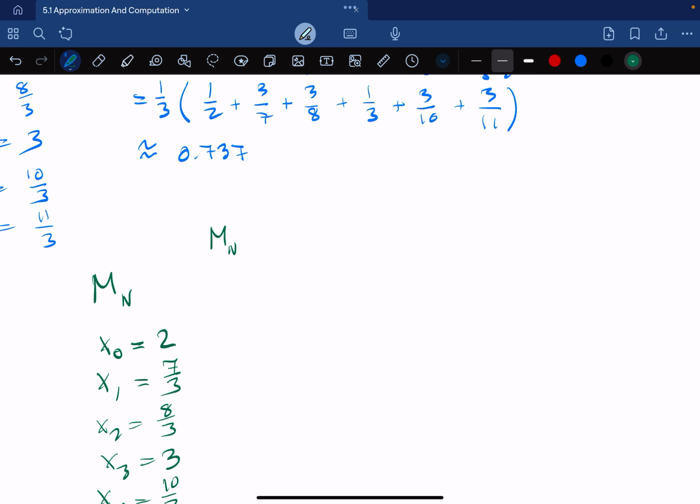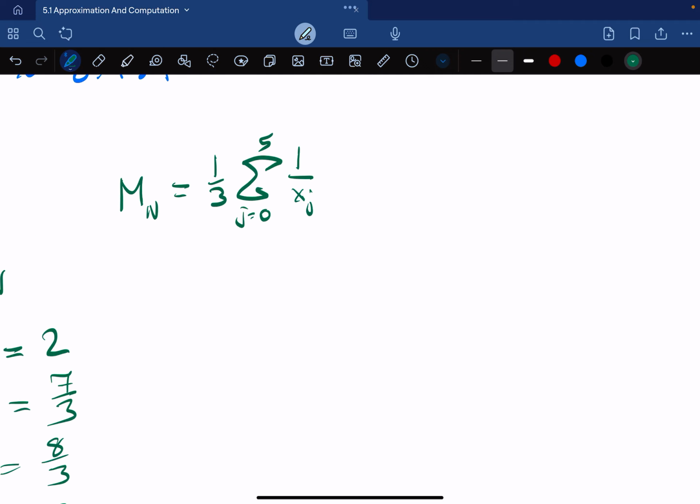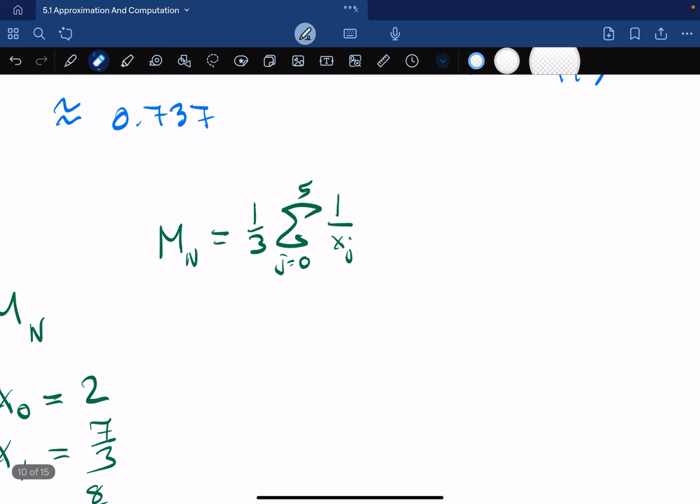We first write down our midpoint approximation formula. So we know that our delta x is 1 over 3, and our summation we know goes to 5 and starts at 0 of 1 over x of j. But for midpoint, remember, this x of j is actually very different.